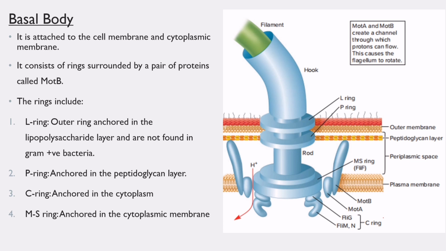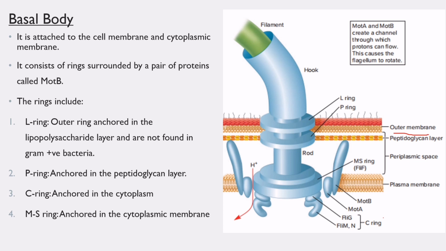As you can see, the outer membrane is present. So it has these L and P rings, whereas in the gram-positive cell wall, there will be no such rings, as there will be no outer membrane layer. So all this part would be hook. That is why the length of the hook will be greater in the gram-positive cell wall.